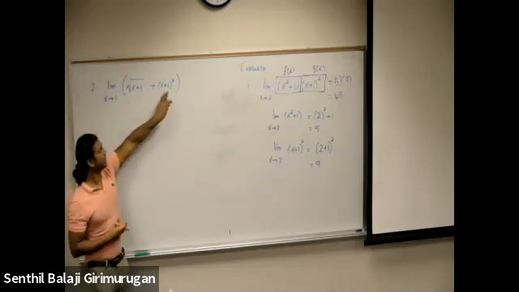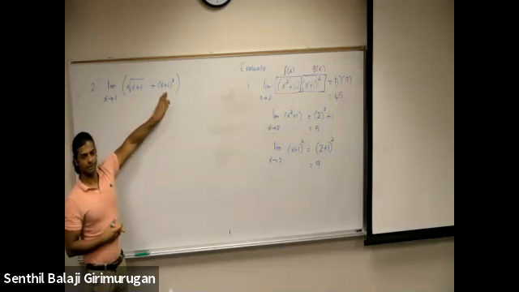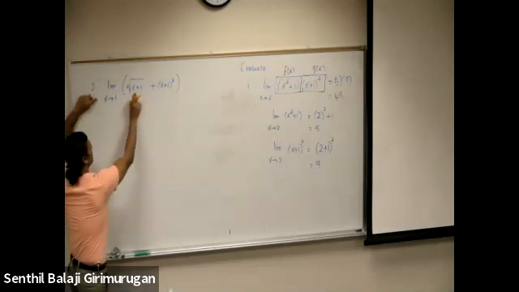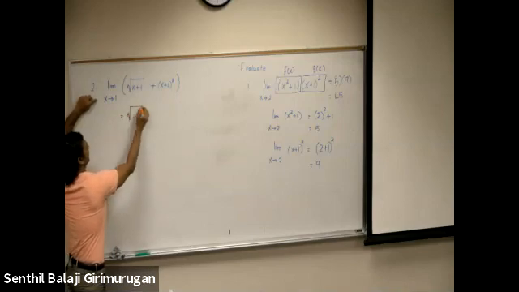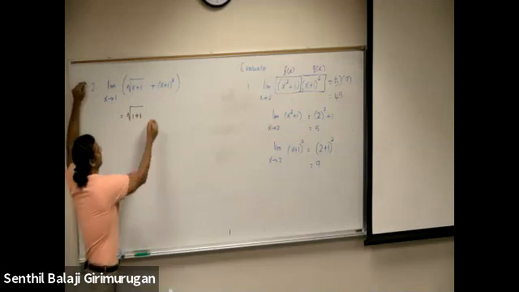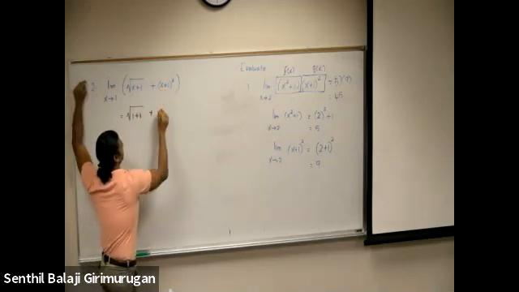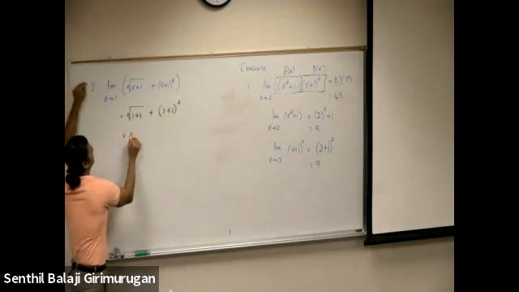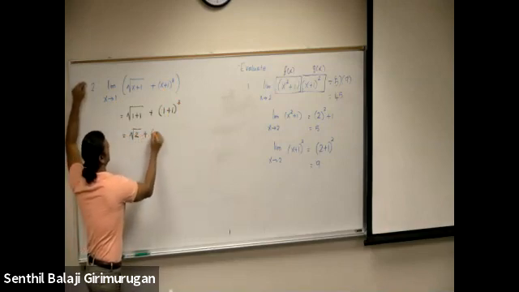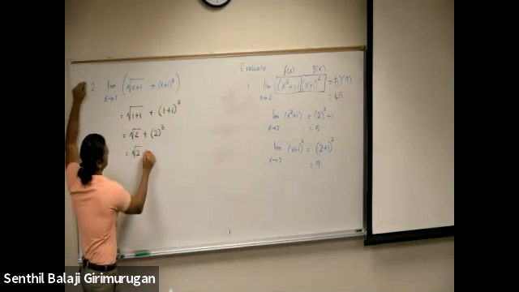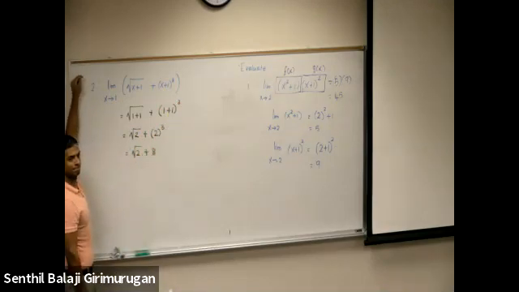No. Would that become a problem at 1? No. So I can directly apply 1 as a limit to x. So root 2 plus 2 cubed, root 2 plus 8. Good.